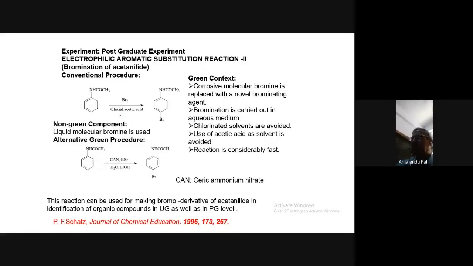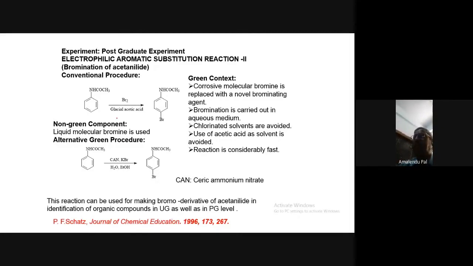I told you last time that someone had a problem in our pharmaceutical labs. This reaction gives the bromo-derivative of acetanilide. If you want to do identification of organic compounds, you can introduce this even at UG and PG level.